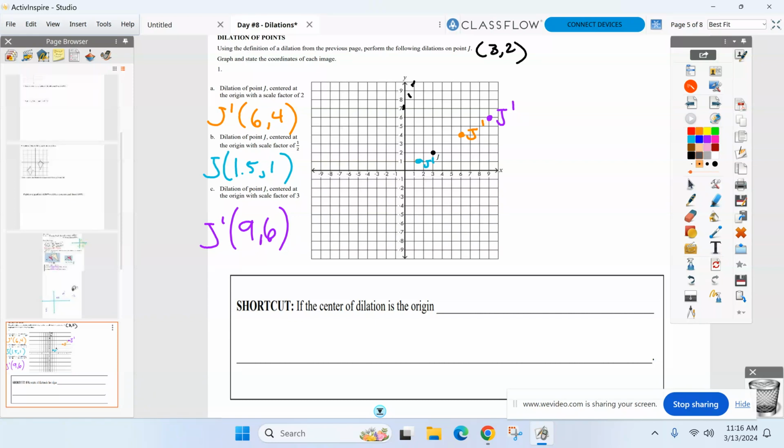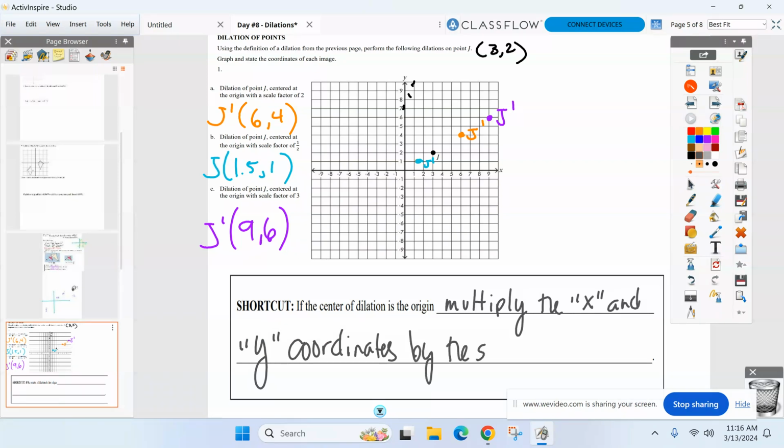So around the origin, multiply the x and y coordinates by the scale factor. Good. Again, only if you're dilating around the origin.